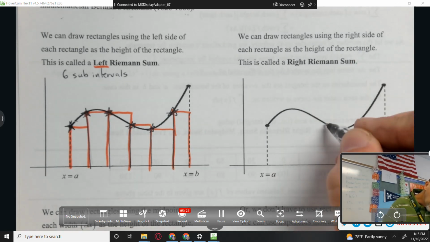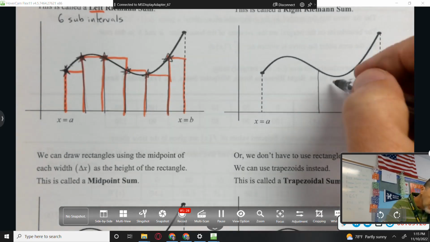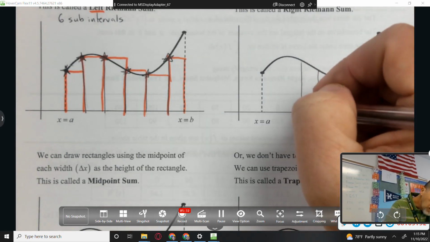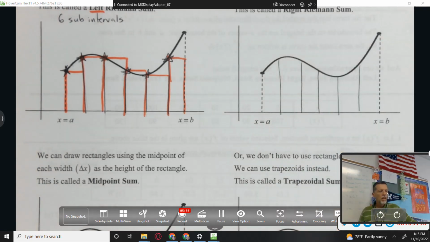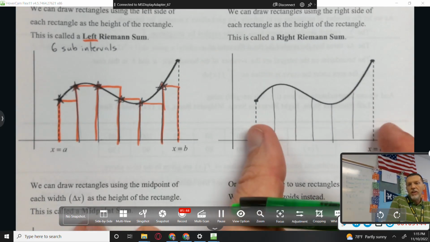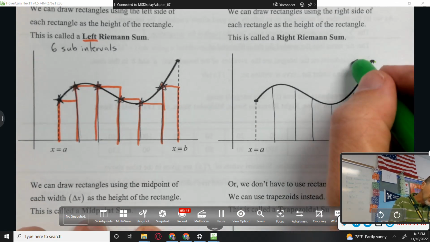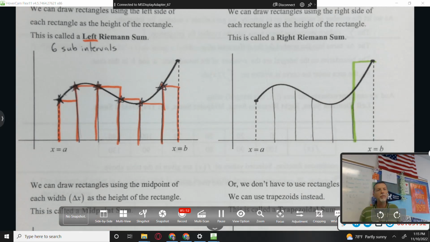So again, divide it into 6 equal subintervals, as equal as you can get them just by sight for now. And now we're going to come from the right. I think it's helpful to start all the way on the right-hand side of the overall interval. Start all the way over here. Your first rectangle would be that one, because you're coming from the right.